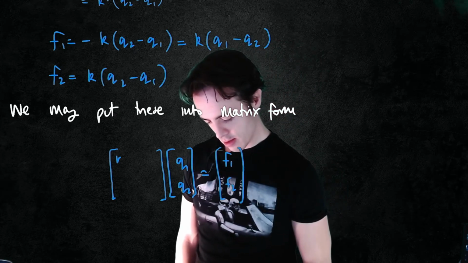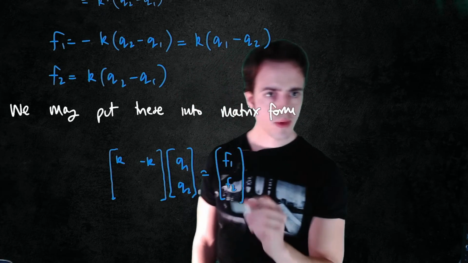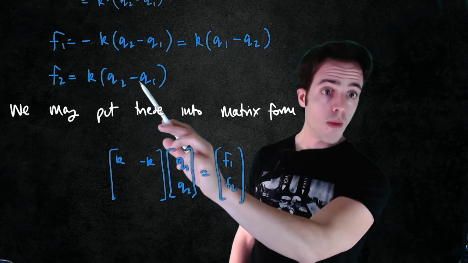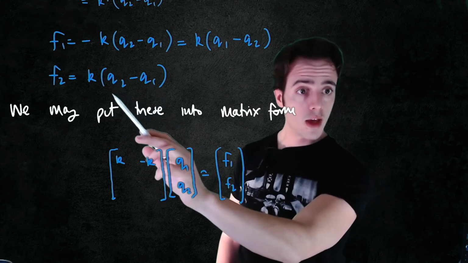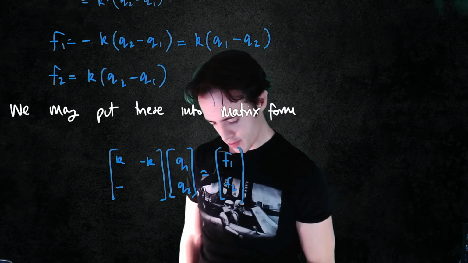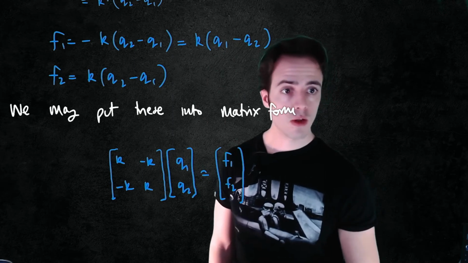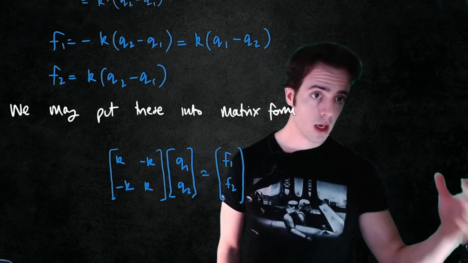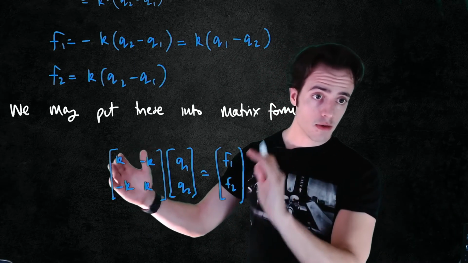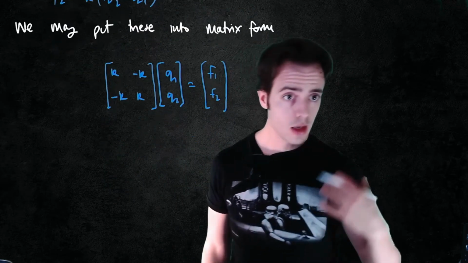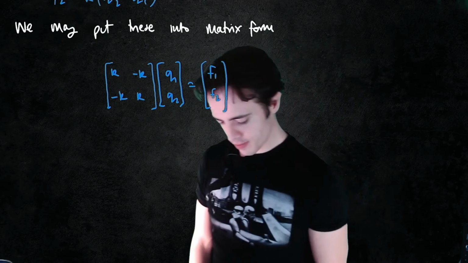So that's K and minus K. And then F2 is equal to minus K multiplied by Q1 plus K multiplied by Q2. So we end up with this expression here, and what we've just produced is the KQ equals P description for a single spring element in local coordinates.